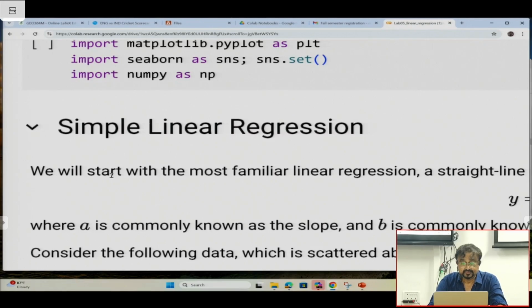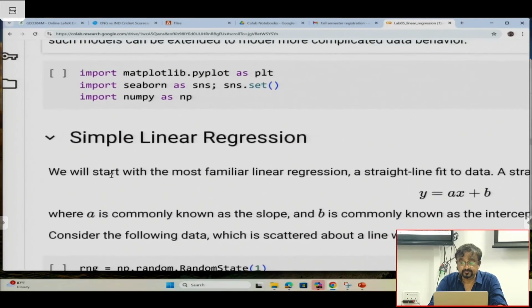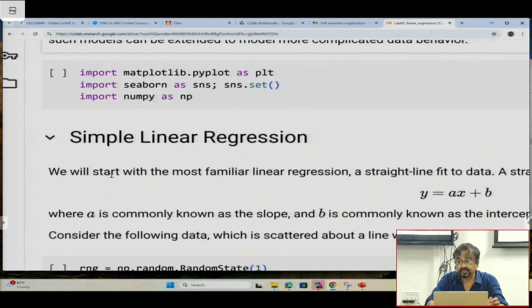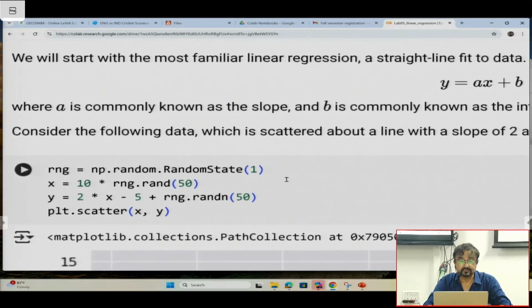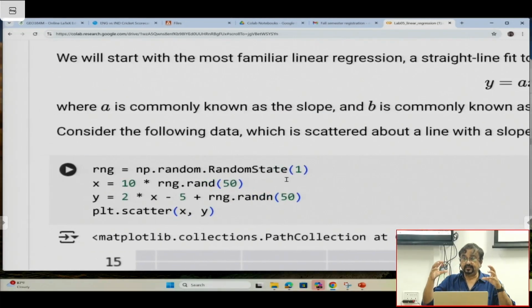Here we'll try to fit this model y equals ax plus b. Our model parameters are a and b, and I will generate some data. First I will generate some random numbers because I want to make the data noisy.